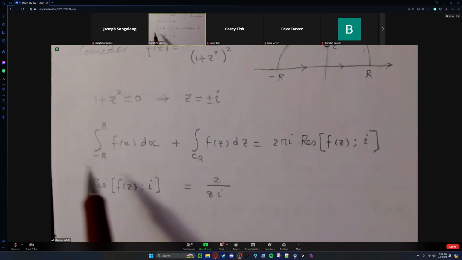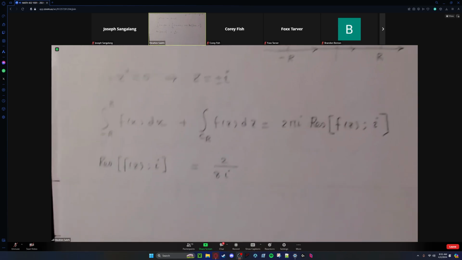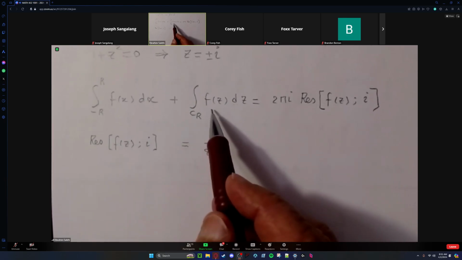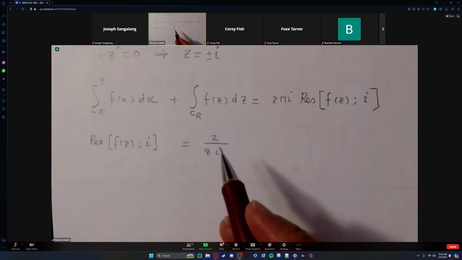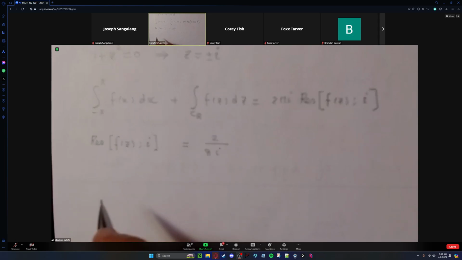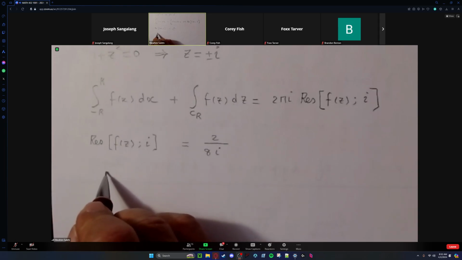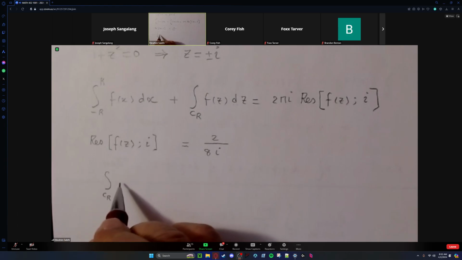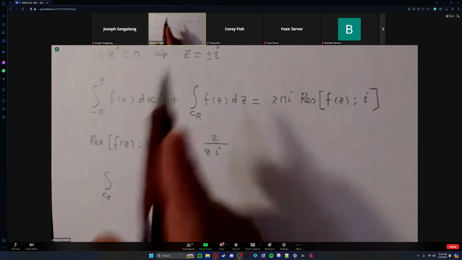And then we will let r approach infinity. To show that this goes to 0, we will use the ML inequality. So here is the integral over CR of f of z dz, and you know what f of z is.